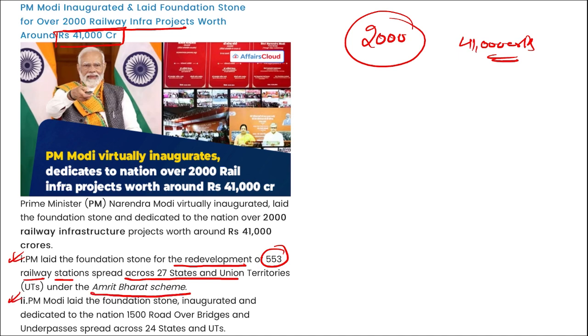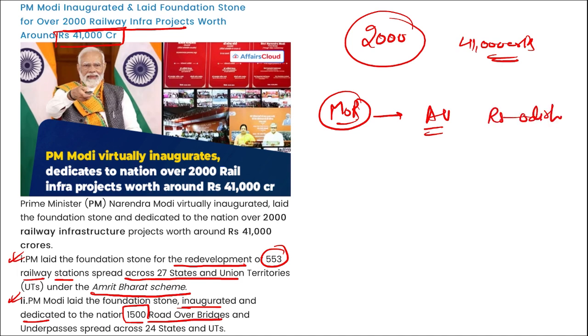Then second, he laid the foundation stone and inaugurated and dedicated to the nation 1500 road over bridges and underpasses spread across 24 states. Right? Take a note of this. If I ask you who is our Union Minister of Railways, Ashwini Vaishnaw, right? And he is also the member of Rajya Sabha from Odisha.